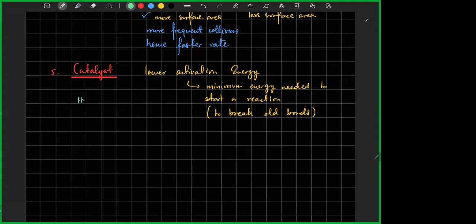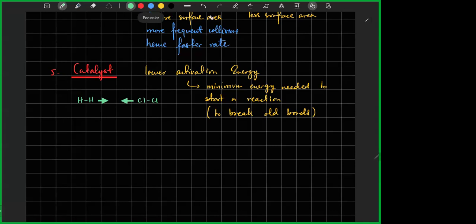For example, if H2 and Cl2 molecules are reacting, they're going to bump into each other. Energy would be needed at the start so you could break old bonds.